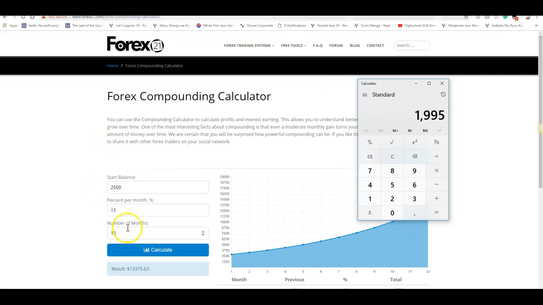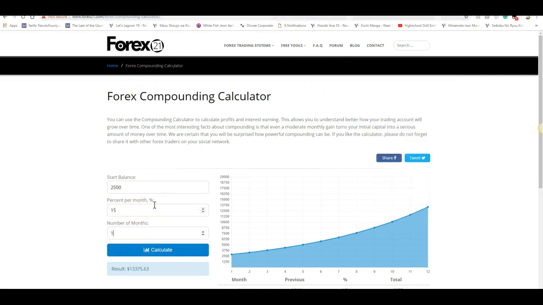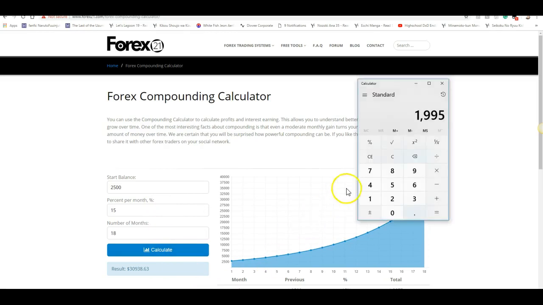If you go at it for 18 months, that's a year and a half, you grow the account to $30,900. Let's just say $31,000. You're still making 15% on your account, so you're now making $4,650 a month.